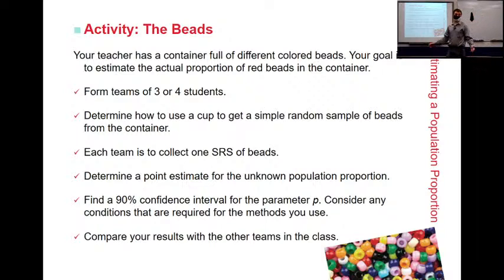So that's the parameter that we're estimating, how many red beads are in the jar. And how we're going to do that is we're going to take some simple random samples of beads from the jar and see how many red beads are in that sample. So that's the example that we're going to be building from today.